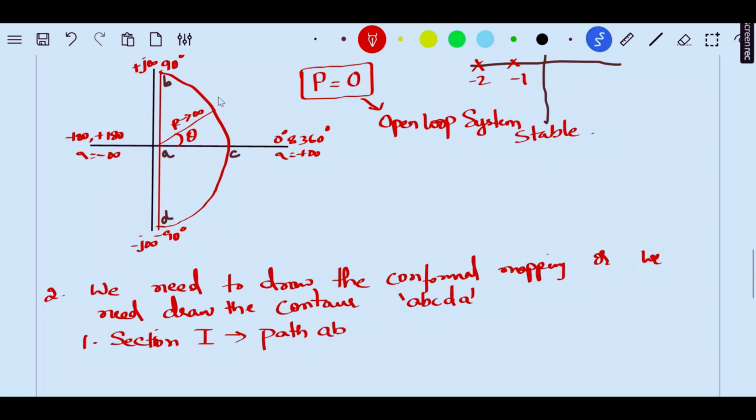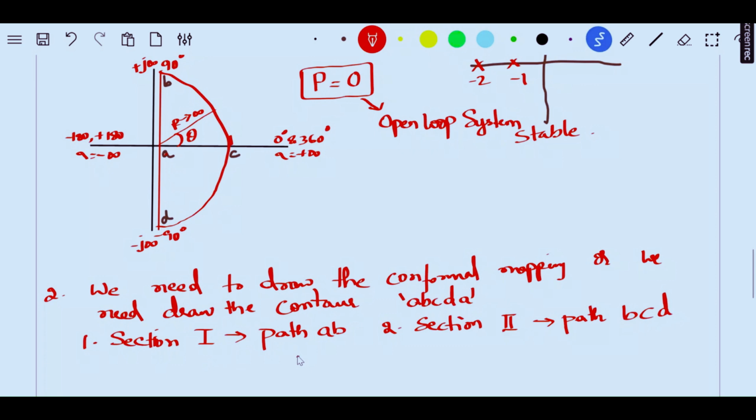If I want to draw the contour according to the Nyquist criteria, the first path is A and B. The second section, section 2, is path BCD, which is completely considered as the next section because it's a semicircle. You cannot take BC separate and CD separate. That complete semicircle is varying in terms of R tending towards infinity. Therefore, the second path will always be B, C, and D.